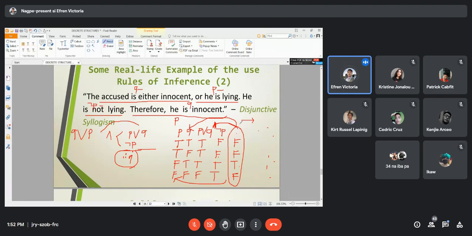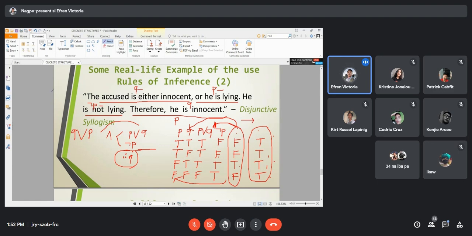Diba? So, using if then, false, true, true. False, false, true. True, true, true. False, false, true. So, tautology siya. So, ibig sabihin, tama yung ginawa natin.